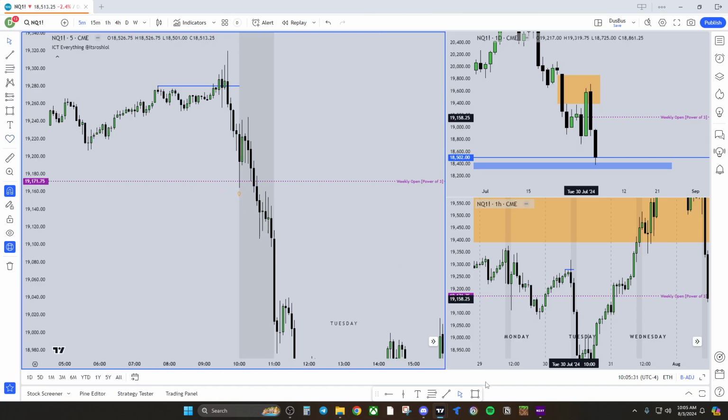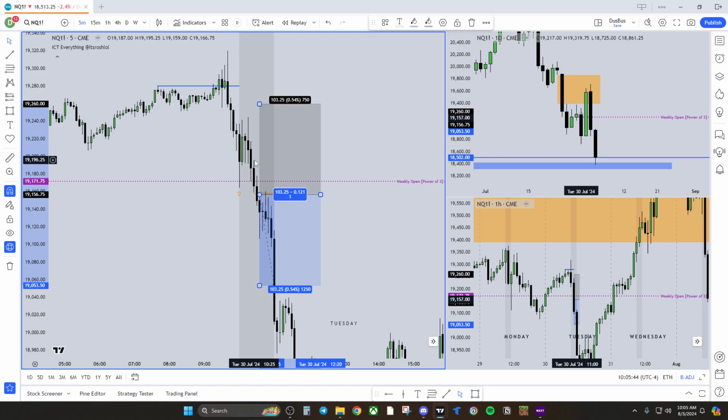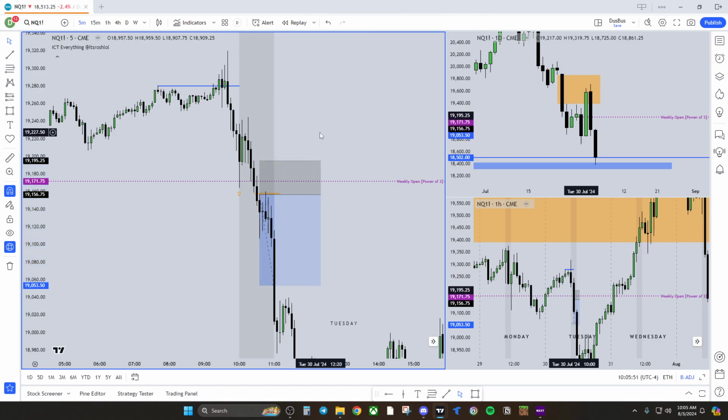It's very small, but it's there. A market structure shift with a fair value gap inside 10 to 11. So short there, stop at candle 1 because the high is all the way up here. I don't want a 100-point stop loss.